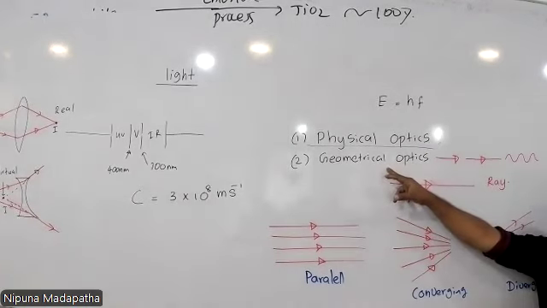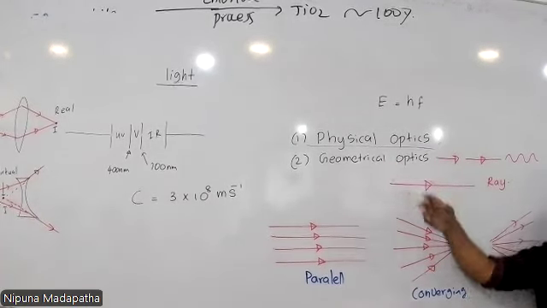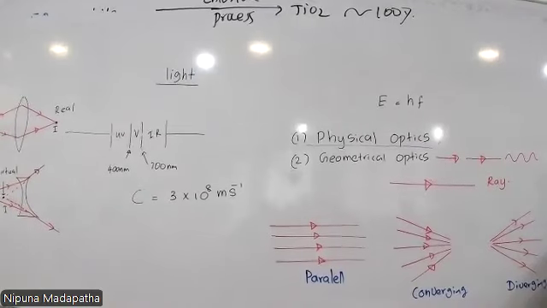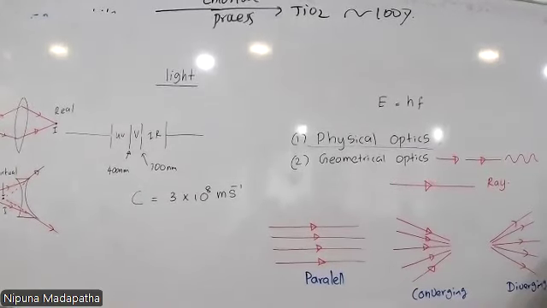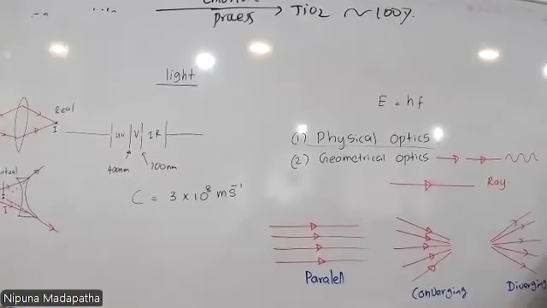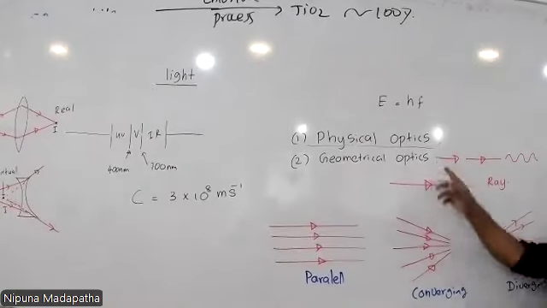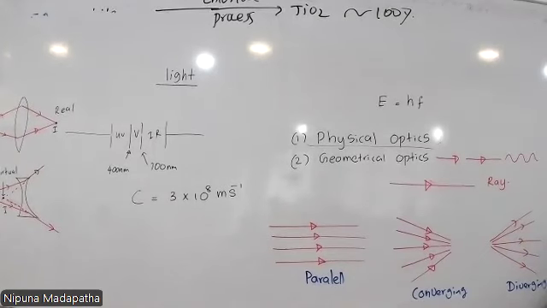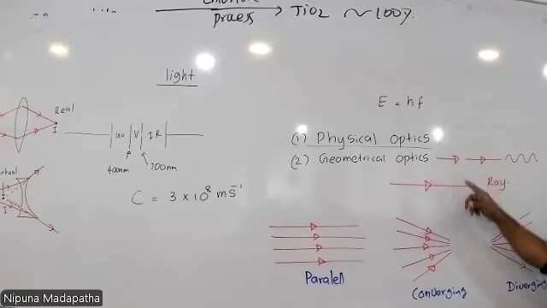The first one is geometrical optics. Here we consider that light travels in a straight line.